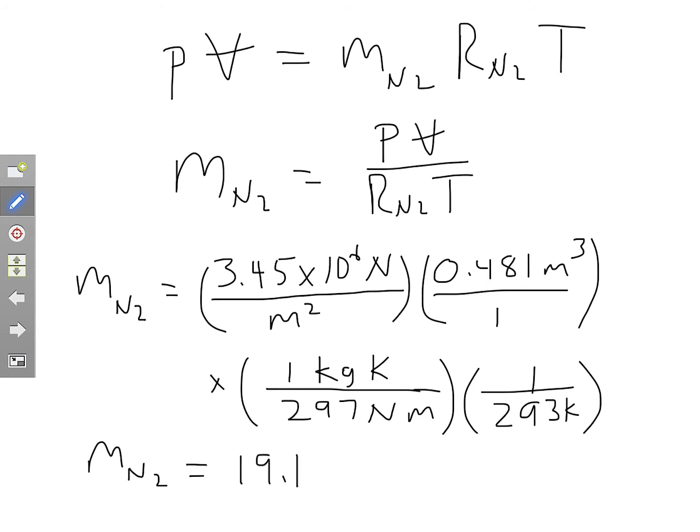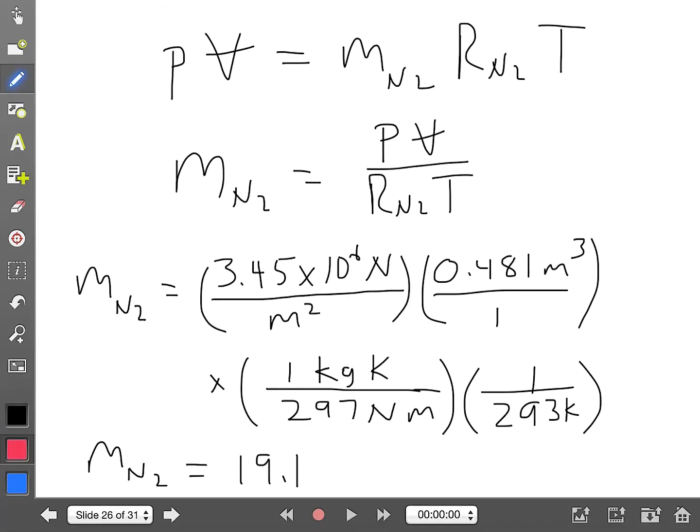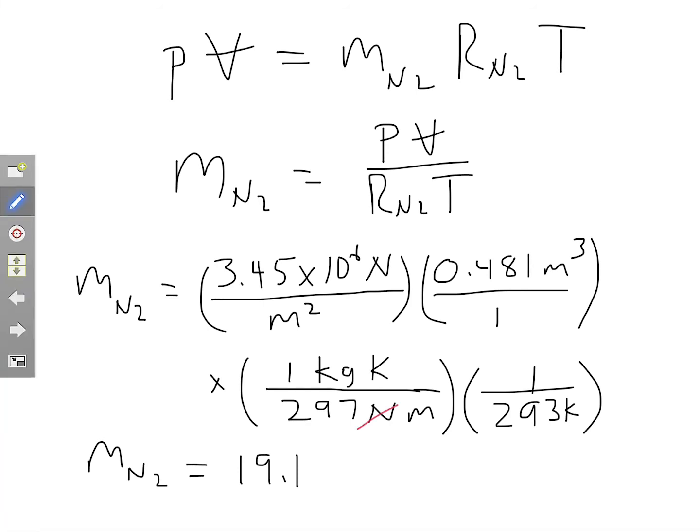Now let's see what we're going to do with the units. I'm going to grab a red pencil, and this Newton cancels that Newton in the denominator. This meter squared and this 1 over meters cancels this meter cubed.